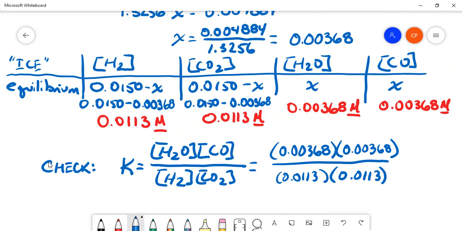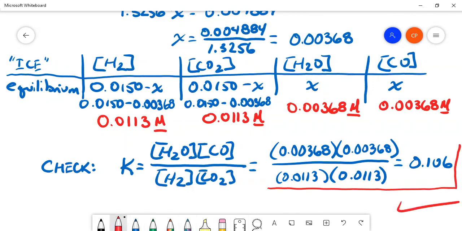And when I put that in my calculator, it gives me 0.1058. To 3 sig figs, that is absolutely 0.106. The equilibrium calculation worked.